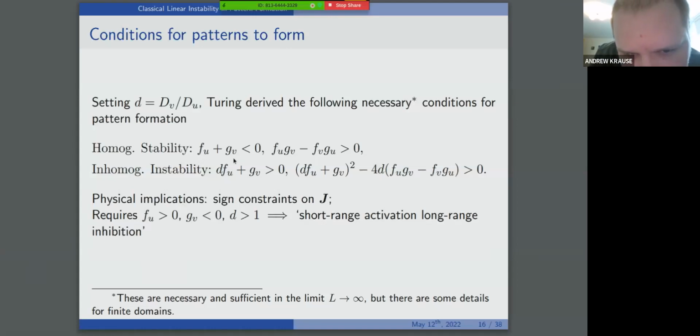And when I say that V is an inhibitor, that means that G sub V is negative, and that's only the interaction of the inhibitor with itself. In fact, the interaction of the activator on the inhibitor or the inhibitor on the activator can be either. So there are cross kinetics or pure kinetics, depending on if the activator also activates the inhibitor or vice versa.